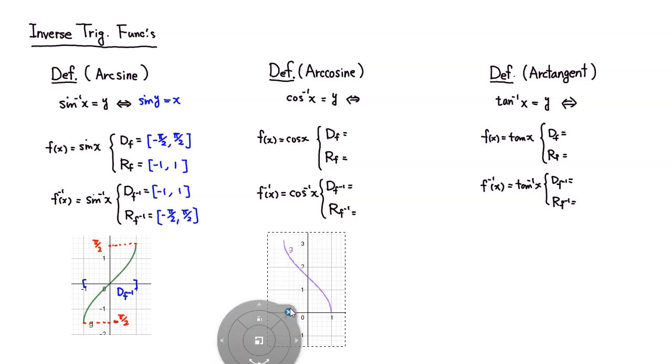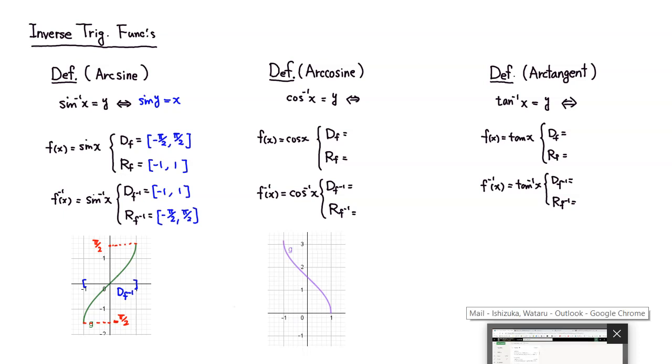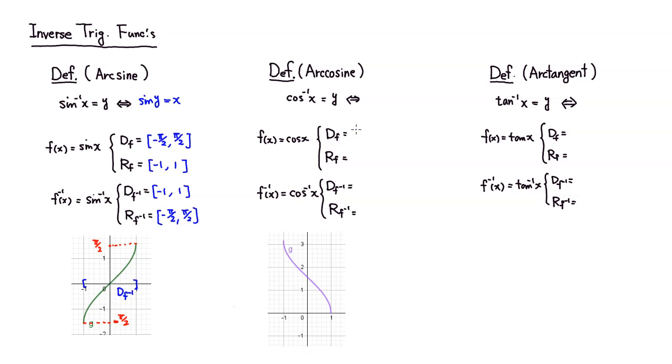All right, so the restriction was we have to restrict the domain from 0 to pi, and the range is still -1 to +1. For arc cosine, you just have to flip it, just like before.